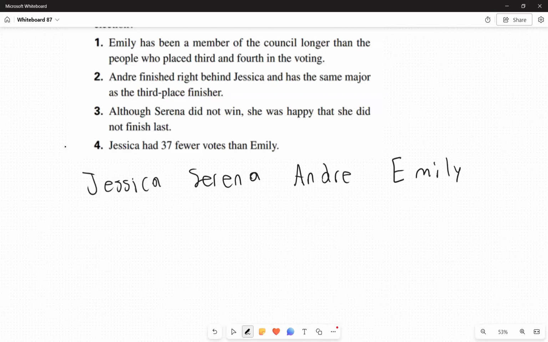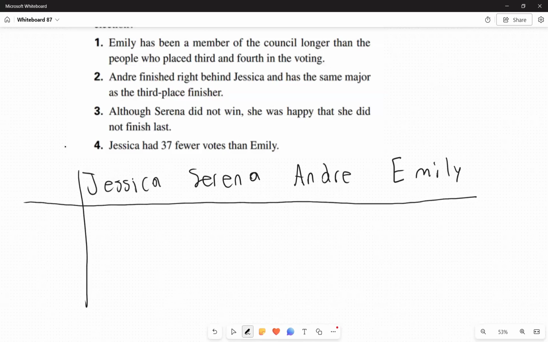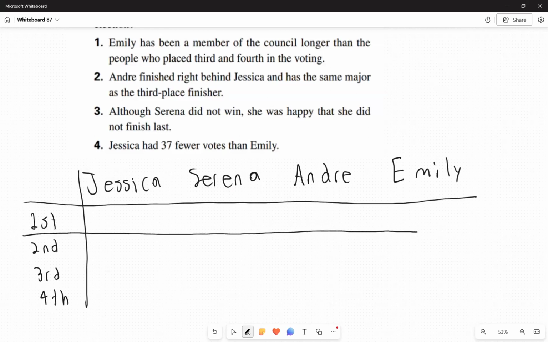And well, there are 4 students, so there are 4 places. First, second, third, and fourth. Let's finish the table.